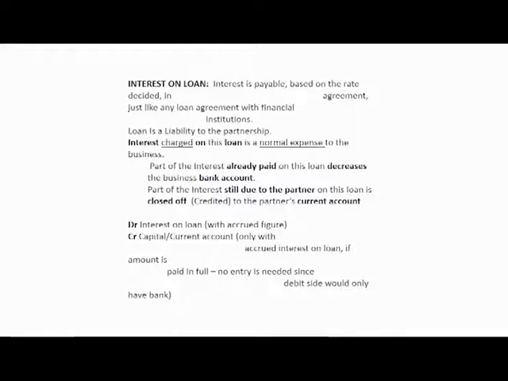The interest that the business is going to pay on this loan is normally an expense to the business. In this case, it's the company that is borrowing from a partner, so that's why it's an expense. Don't get confused. So, interest on loan with the accrued figure, capital is on the other side. Okay.